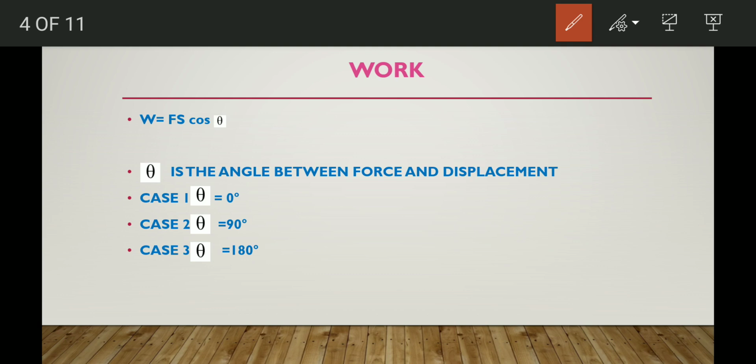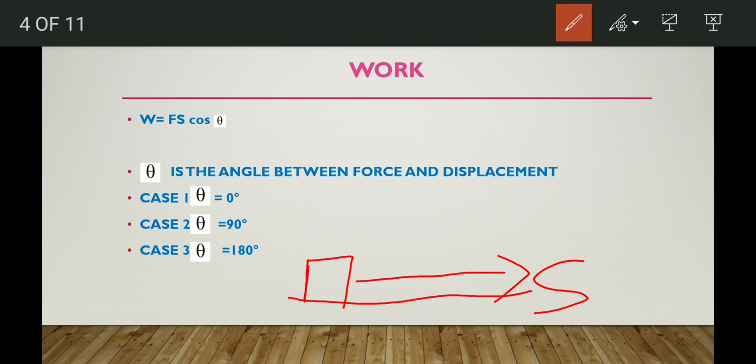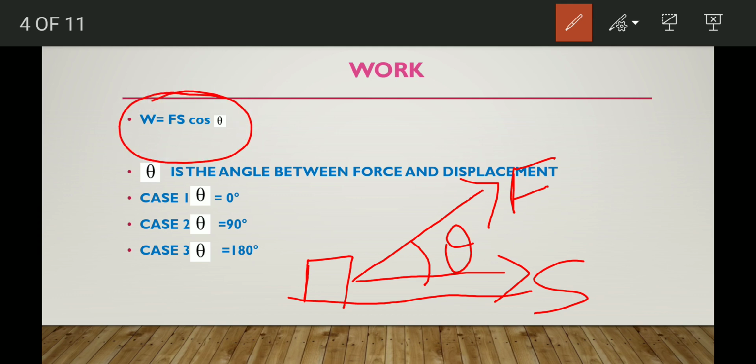For example, if a body is moving along a horizontal direction, this is the direction of displacement, but the force which is applied is acting in this direction F, such that the force and displacement are making an angle theta with each other, then the formula for work is given by Fs cos theta.